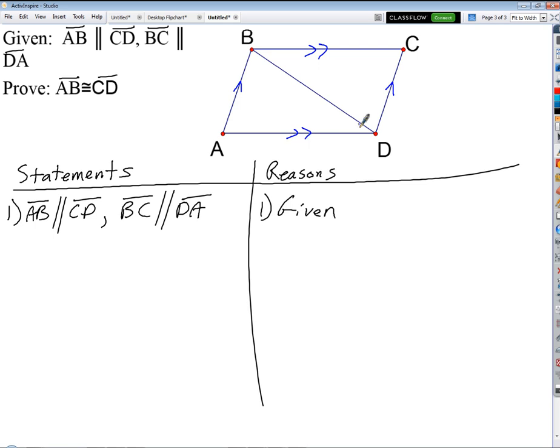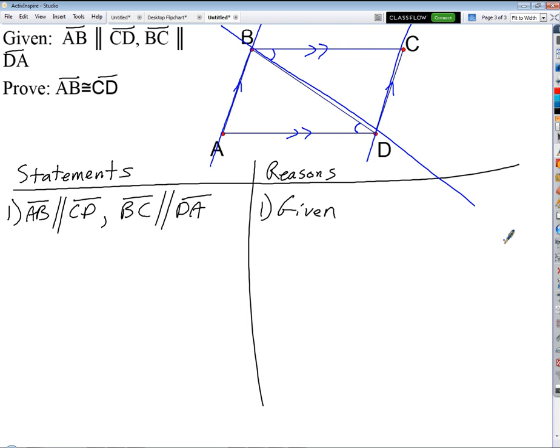BDA, okay, good. And which one? CBD, good. Everybody see that? Sometimes, like I've said before, it's helpful to just extend the parallel lines and the transversal to see that relationship. Whoops. I guess we got that backwards a little bit, didn't we?